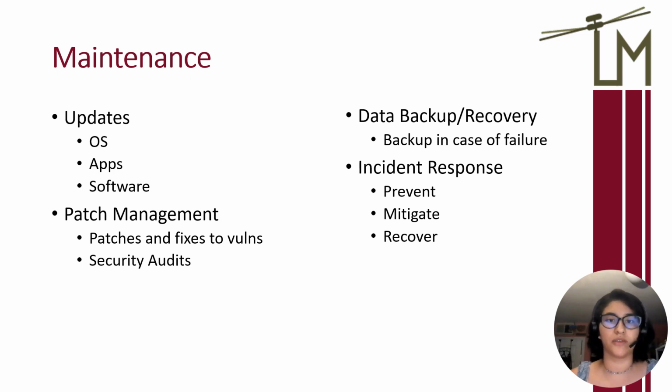Also, backup and recovery is a form of maintaining the environment, which ensures that there are backups in case of a failure. As mentioned, incident response can be implemented to prevent, mitigate, and recover from security breaches.